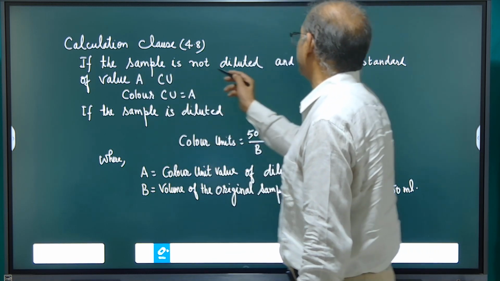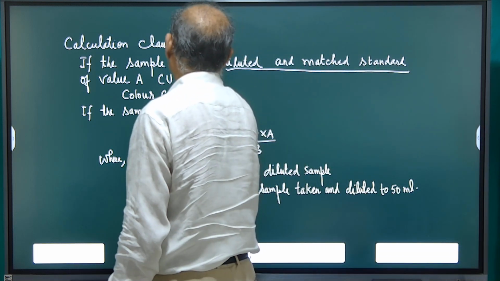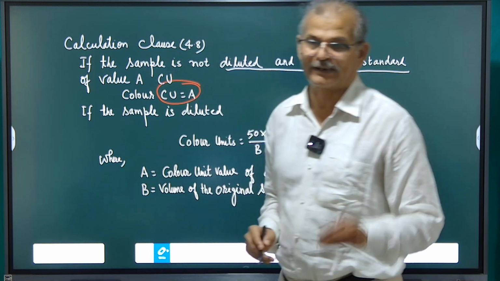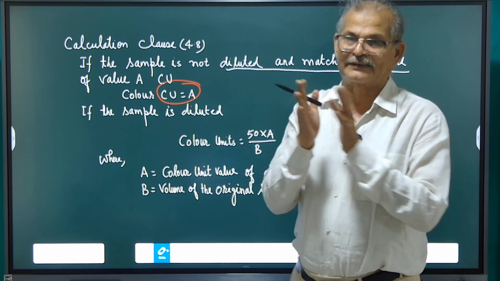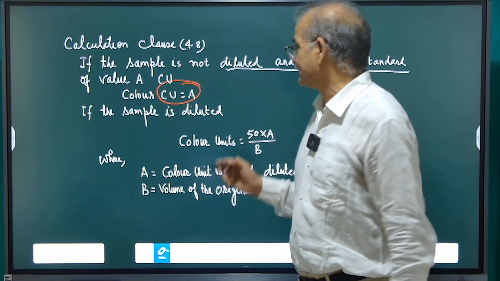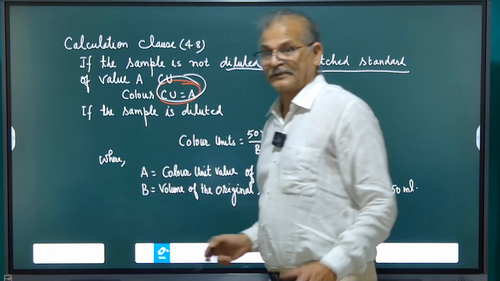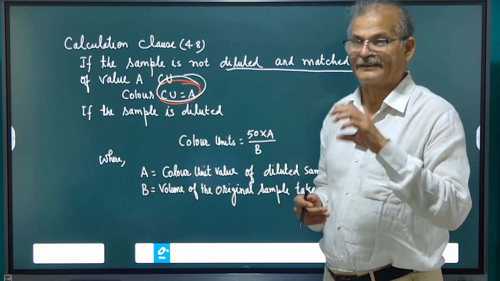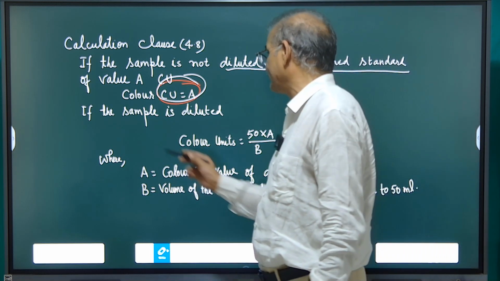If the sample is not diluted, standard volume A, the color unit will be A. It means if we have not diluted the sample from the river and we are comparing it exactly, then whatever reading comes from the comparison will be the color unit of that sample. If it is more than 100 color units, we add a little water and we record that volume, how much water we have added, as B.